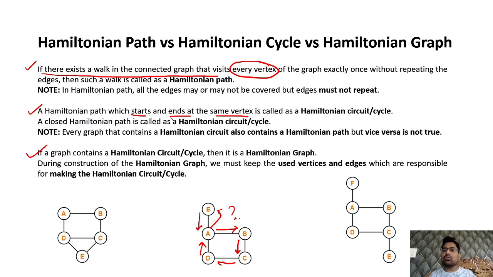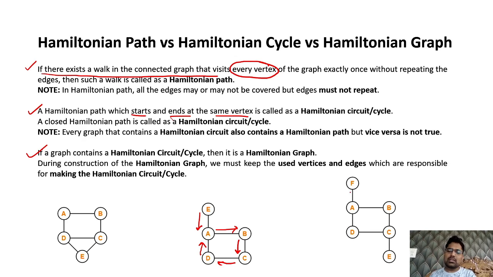Because repetition is not allowed. Clear? The only repetition we allow is the vertex where we start. Here we started from E and we ended with A, and repetition is not allowed. Since repetition is not allowed, we are not able to reach E. That's why it is impossible to find a Hamiltonian circuit or cycle in this graph.